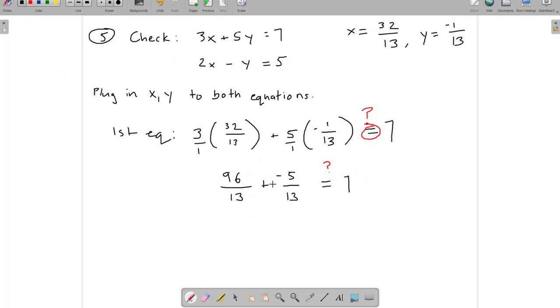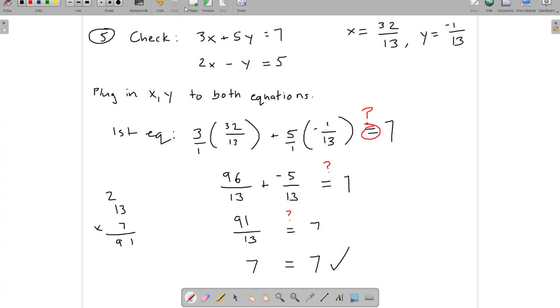So 96 plus negative 5, that's going to be 91 over 13. Does that equal 7? Well, if you don't have a calculator, just check, like 13 times 7, does that equal 91? Yes, it sure does. So this whole left-hand side reduces to 7, so we have that it does equal. So we know our x and y satisfy the first equation.